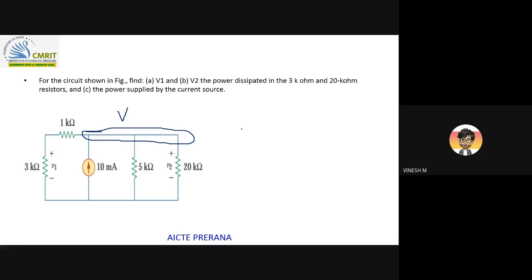V equal to 20, sir. 20 volt. All of us got 20 volts only.